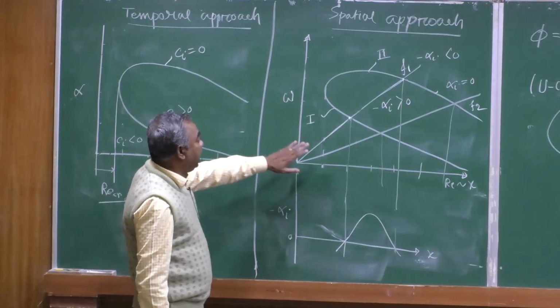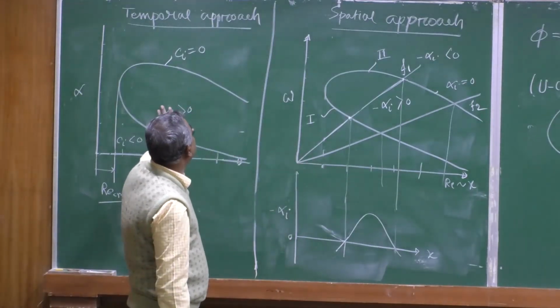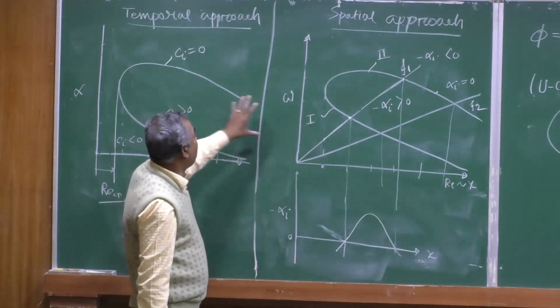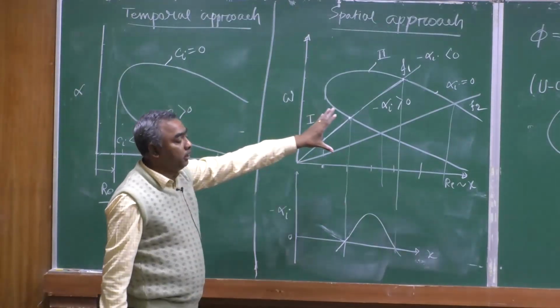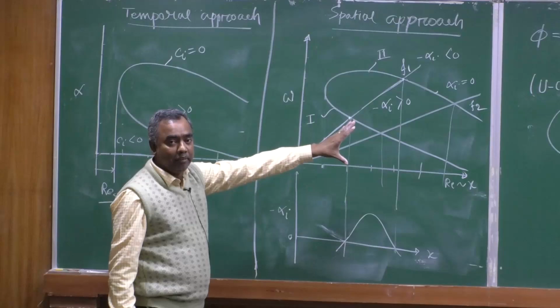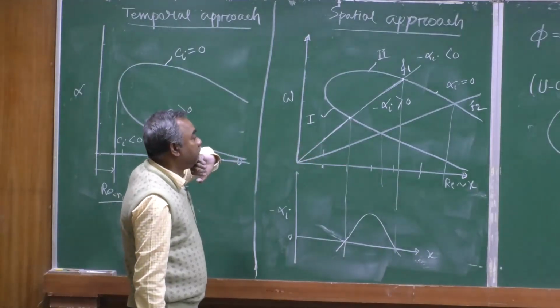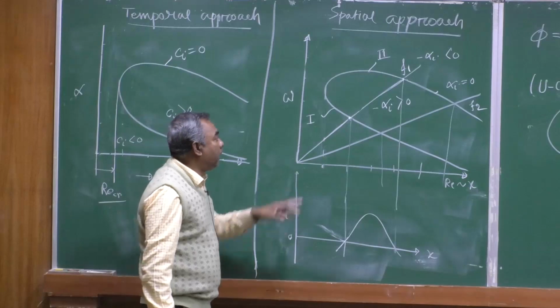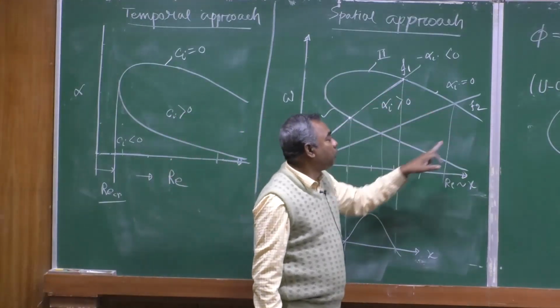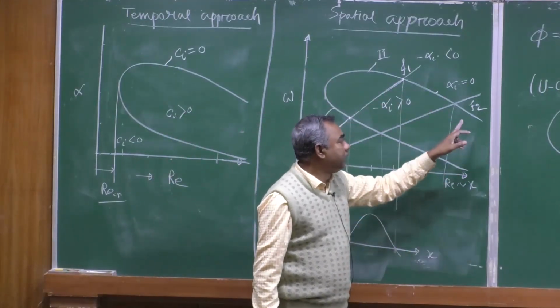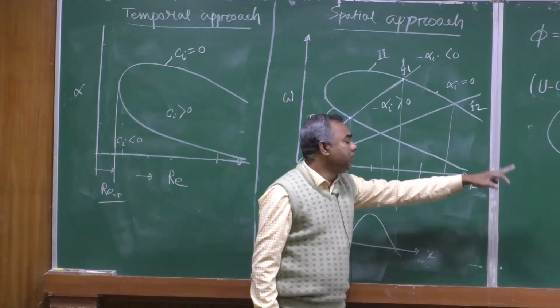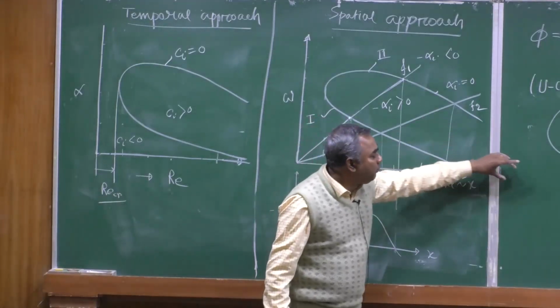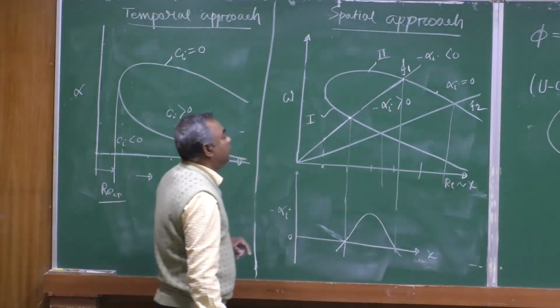So, anyway, this is the interpretation of the stability analysis for this given velocity profile in a boundary layer flow. One point needs to be mentioned here: these two branches, branch 1 and branch 2, as you increase Reynolds number, will slowly come and merge at some downstream location.